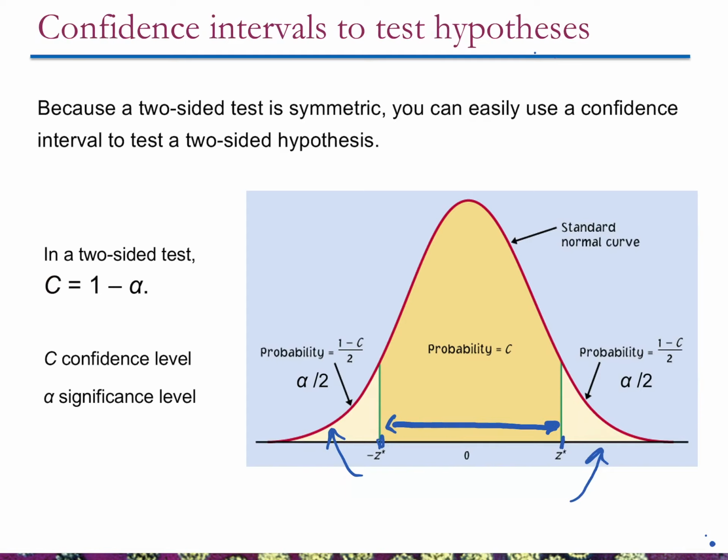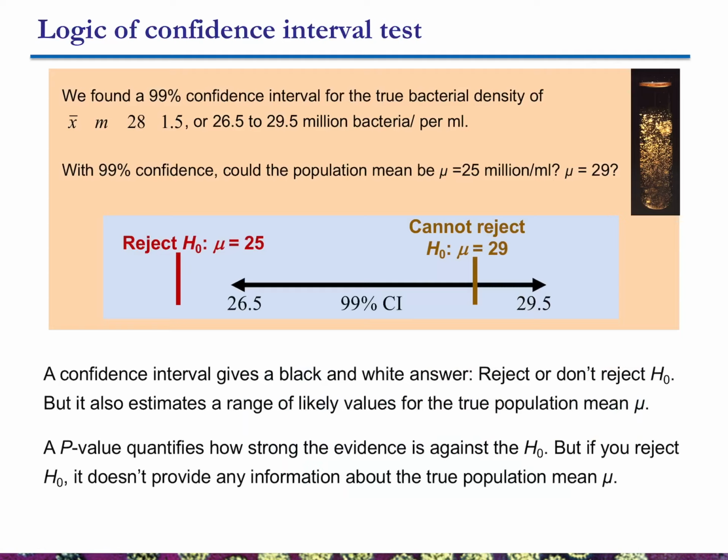Okay, so let's talk about the logic then of a confidence interval test. So previously, I don't remember what chapter it was, we talked about an example of measuring bacterial density in a solution, okay? Again, let me fill in some things here.